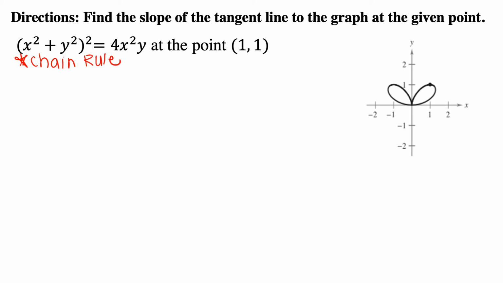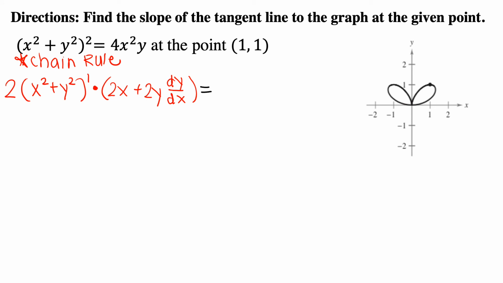So when we go ahead and start differentiating, we're going to start by pulling that 2 down, leaving our inside the same to 1 less power. Inside stays as x squared plus y squared times the derivative of our inside. So the derivative of x squared is just 2x. The derivative of y squared is 2y, but our variables disagree, so we need dy dx.